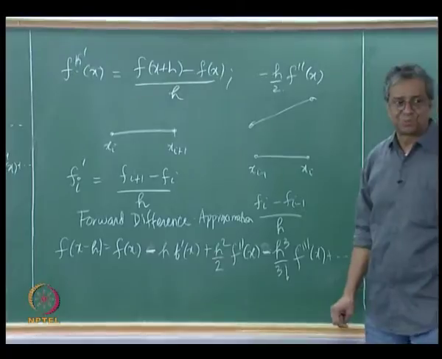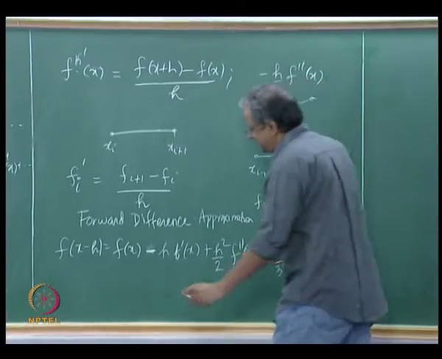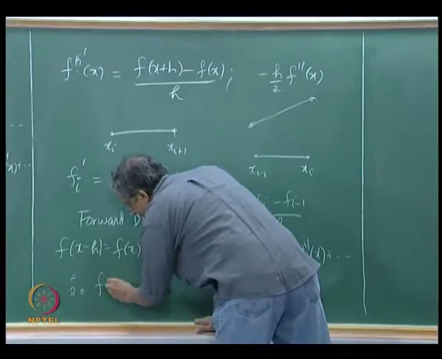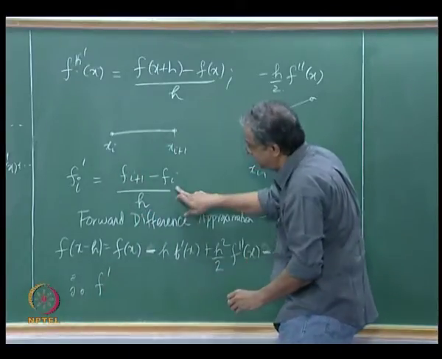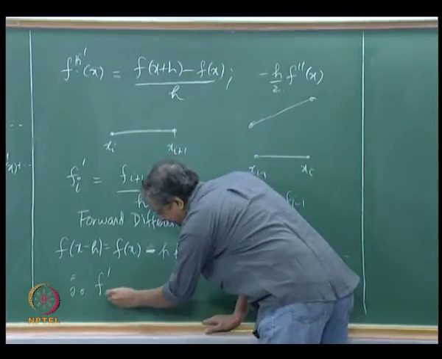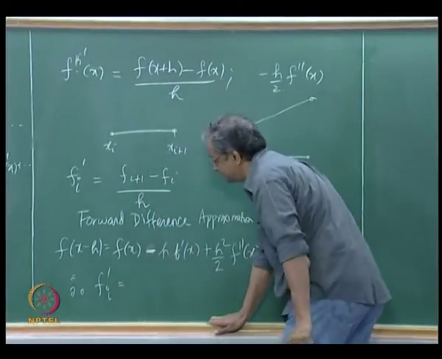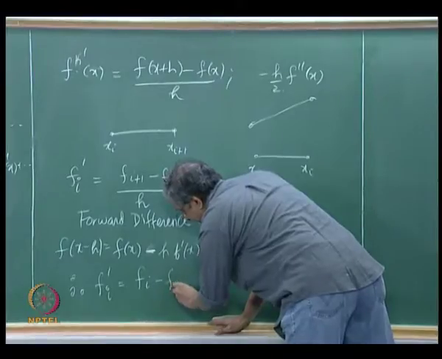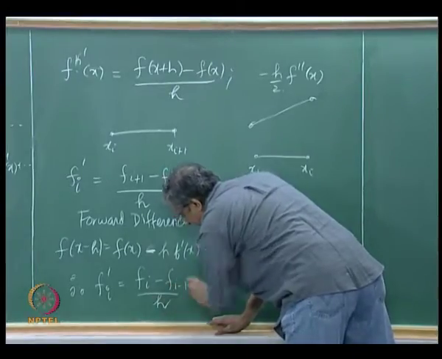The sign change is important. And therefore solving for f prime, in the same notation, f prime at i is f at i minus f at i minus 1 divided by h.